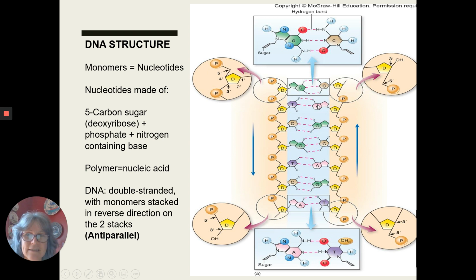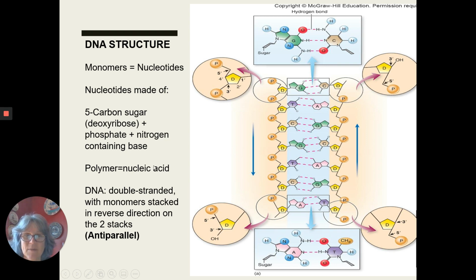turned toward the inside. When we stack all of our nucleotides, so here's one nucleotide, here's another, we stack them all up side by side because this is a double-stranded structure. So we have one strand of monomer, monomer, monomer, monomer, and a second strand, repeating monomers.